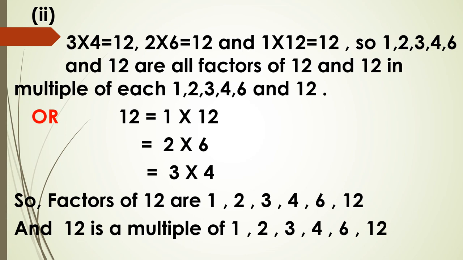I think now it is more clear to you, isn't it? Because this method you have done earlier also. First of all we will find all the possible ways in which we get 12 by multiplication. So these are known as the factors of 12 and 12 is called the multiple of each of those numbers.